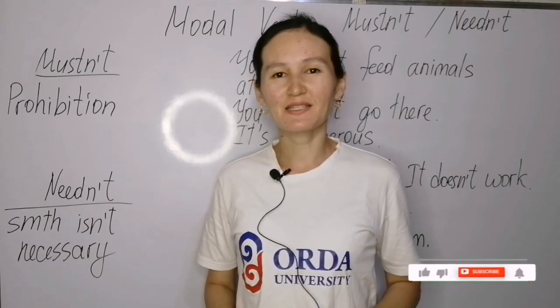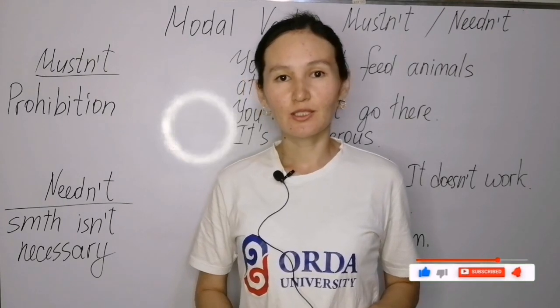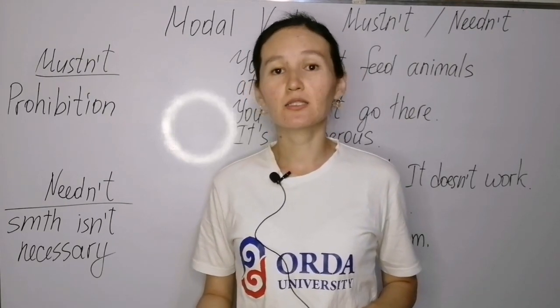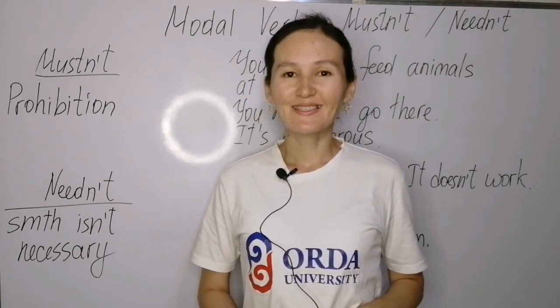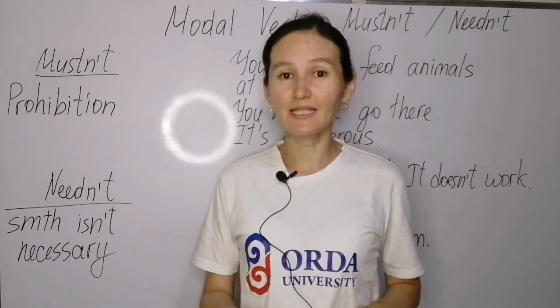I'm so excited to make this lesson because I got confused when it comes to using needn't and mustn't. And in this lesson, I'm going to talk about mustn't and needn't.